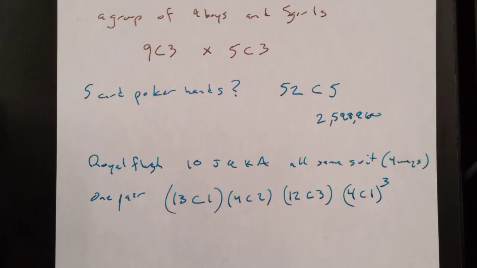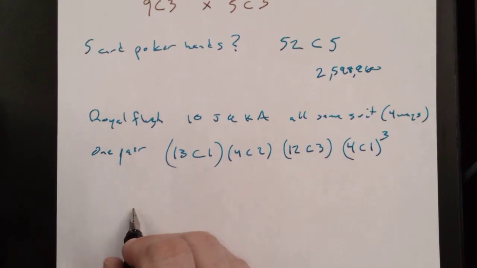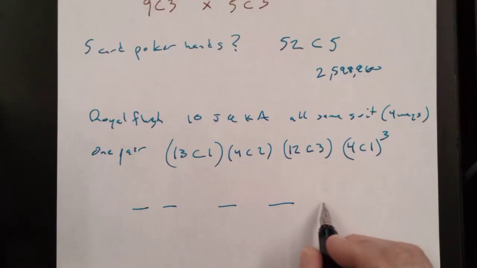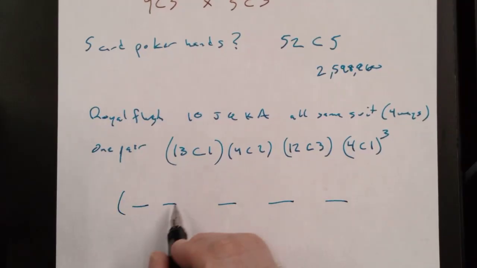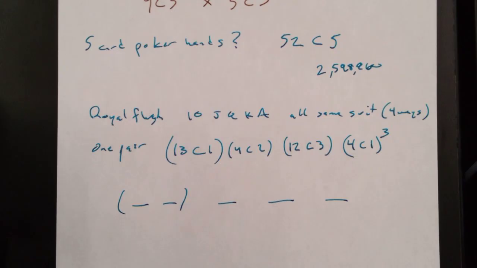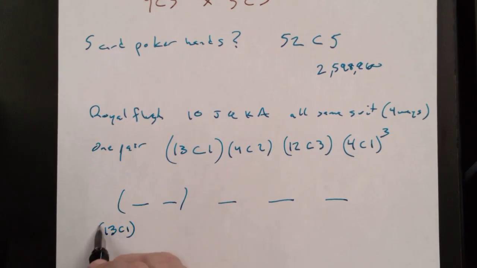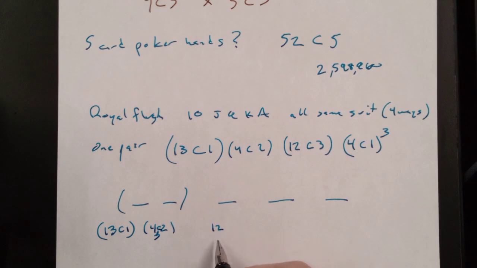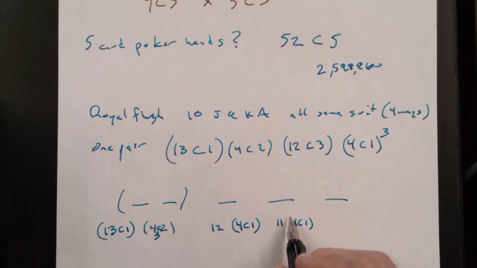Now, if this is making you a little crazy, you could think of it in your hand: you picked your pair and put them at the left two cards. There were 13 options for the value here, and out of the 4 cards, you got 2 of them, 4C2. Then here, there were 12 options, and you got 4C1 of them. And here there were 11 options, because you can't use either of these values, and you got 4C1.